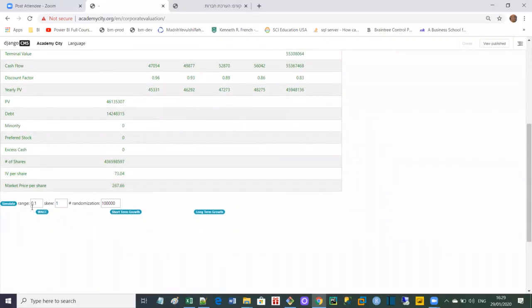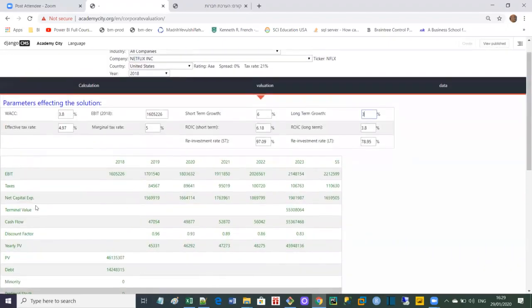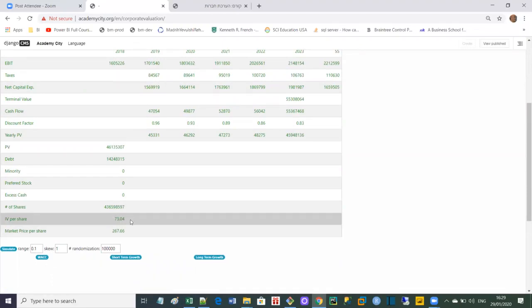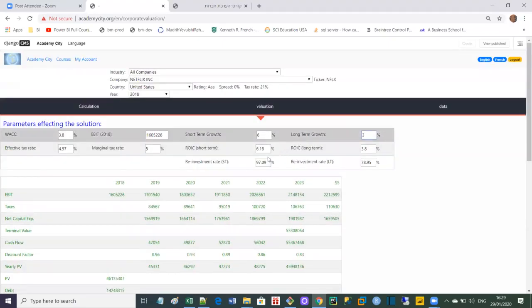In other words, we're setting the range for every parameter on which the value of the company depends, and we assume that the value of every variable, for example short-term growth, will be within 10% of 6%, which is 0.6. So the value will be between 5.4 and 6.6. And that's the distribution, a normal distribution between 5.4 and 6.6.